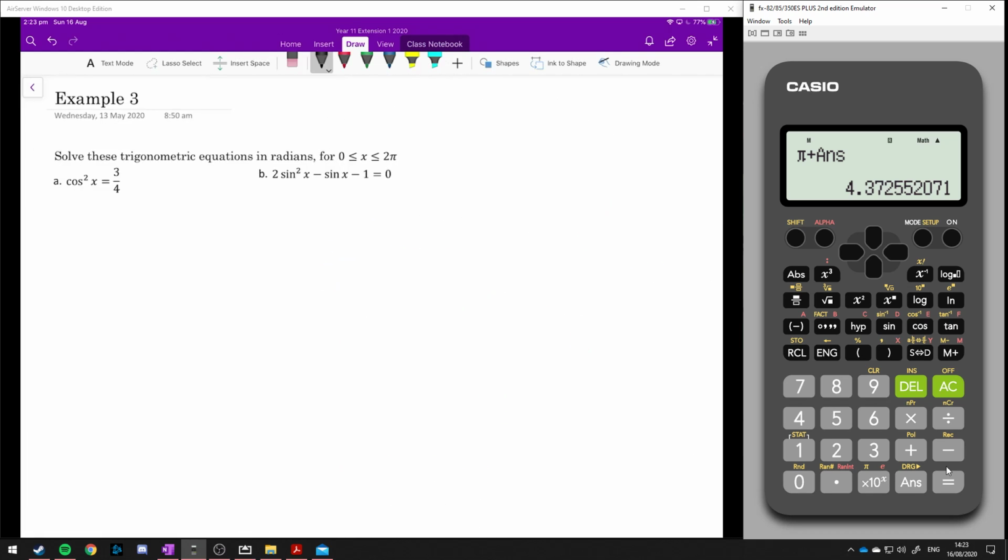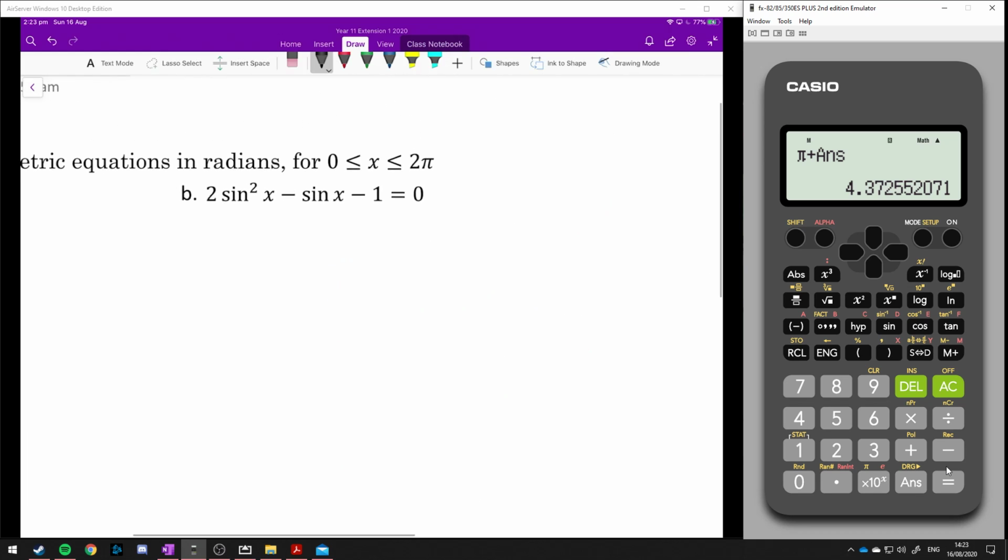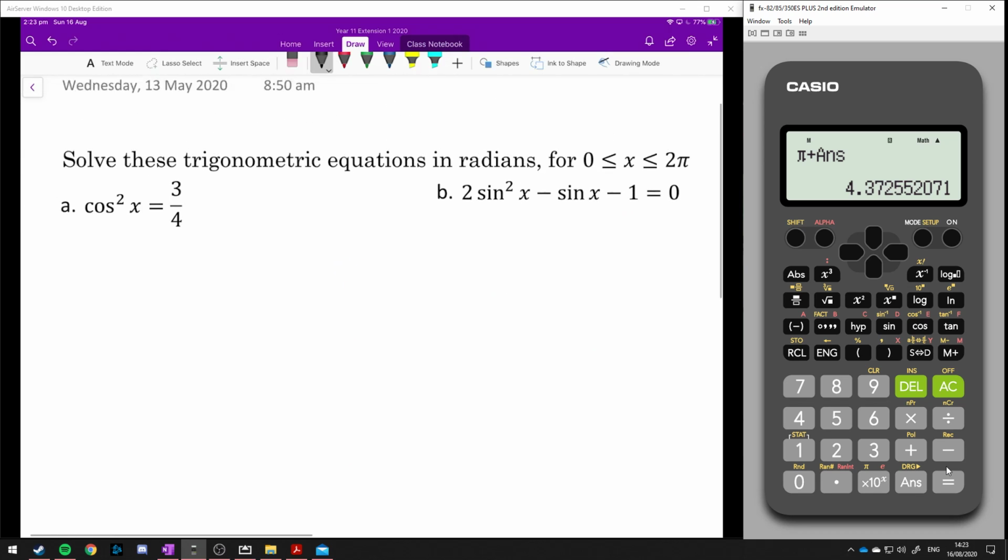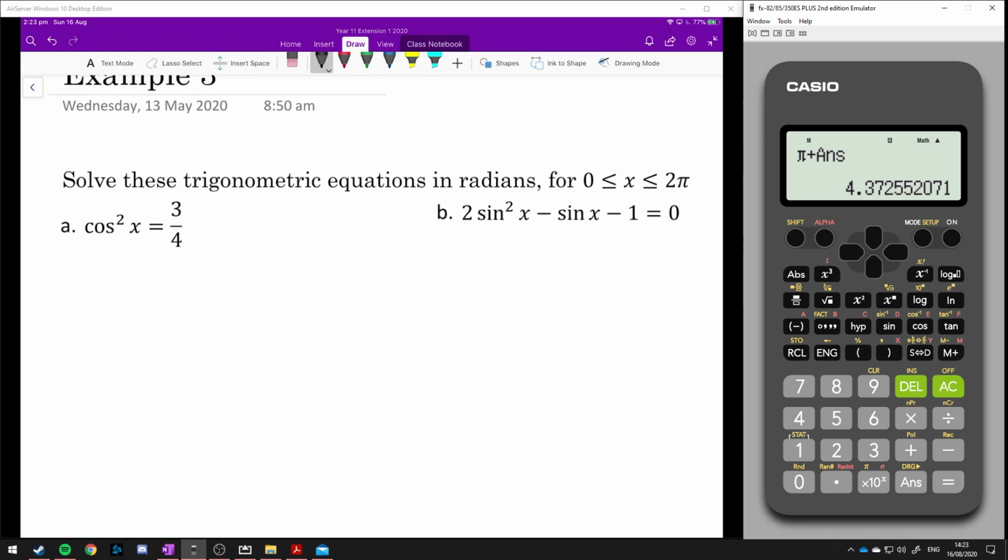We're going to have a look at a few more examples, just a couple more, like these ones here. These are some trigonometric equations reducible to quadratics. What we mean by that is we can do some substitution or some methods to work out what these are.